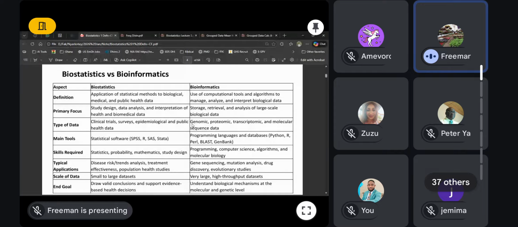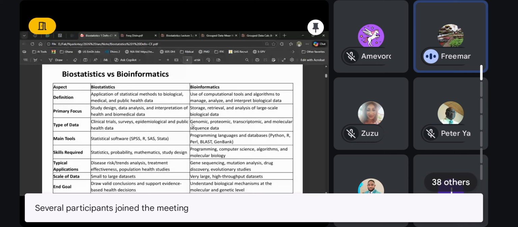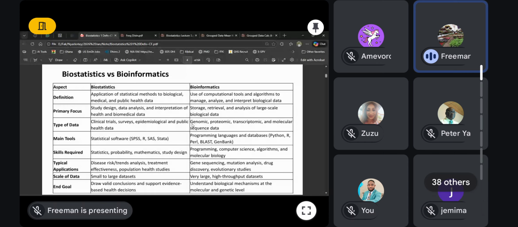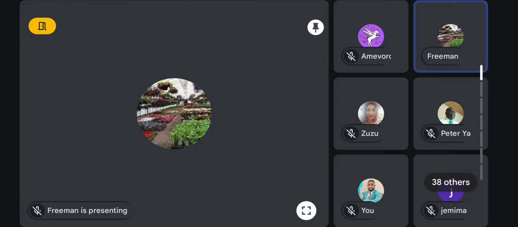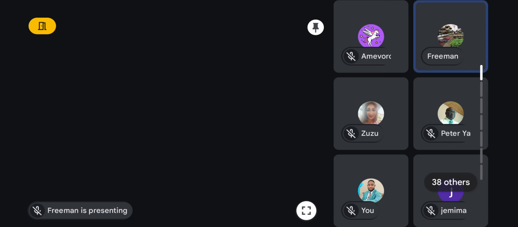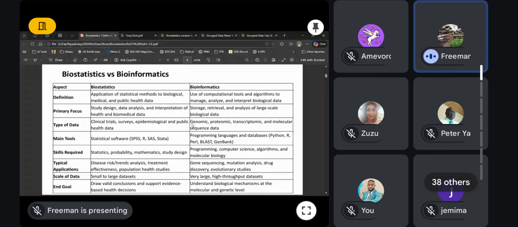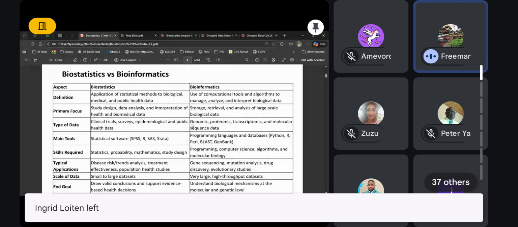In biostats, we use SPSS, you can use R, SAS, Stata, even Excel. But when you go to bioinformatics, you have Python, R, Perl, BLAST, and GenBank.